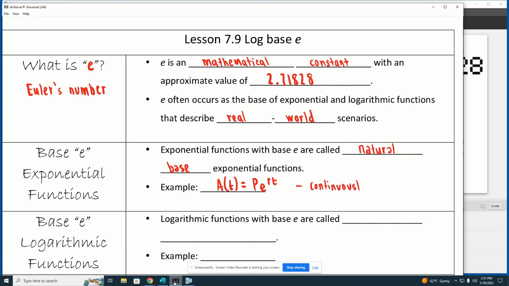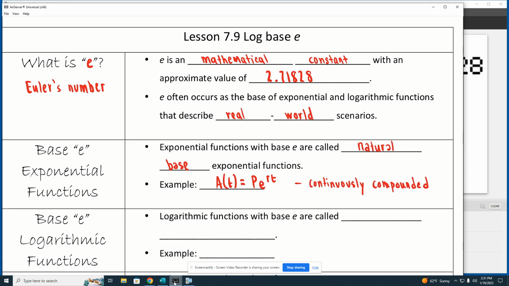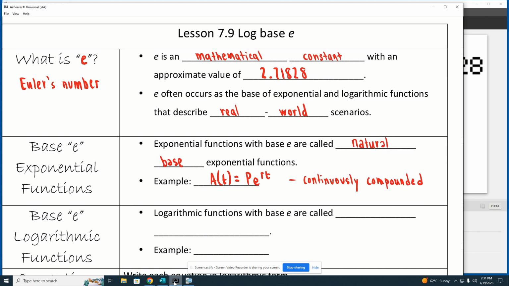We're going to talk a little more about that next week. But that is a formula you can use to calculate how your money might increase if it's compounded continuously. P e to the rt uses that base of E in the exponent.